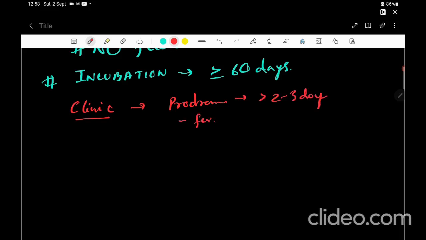There will be fever, malaise, vomiting, and importantly jaundice. Do check the color of sclera if you suspect HBV. So get to know first if there is jaundice.